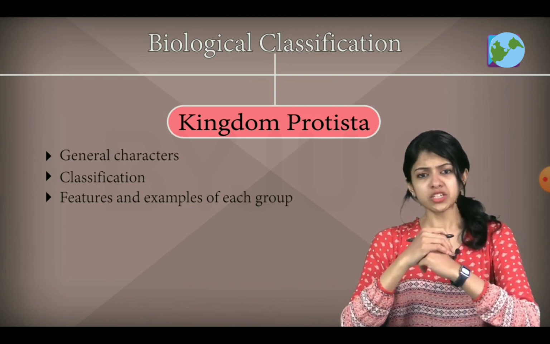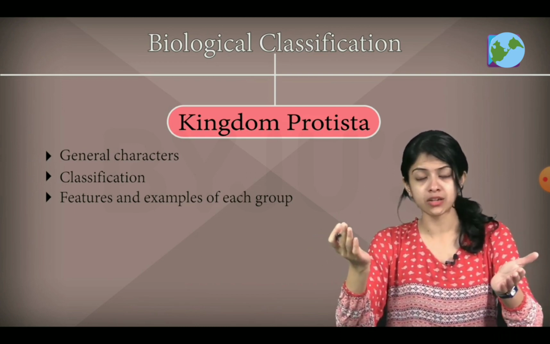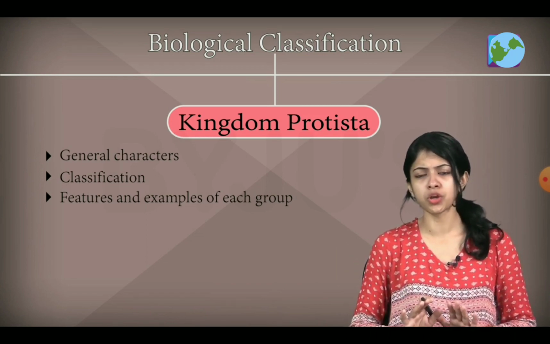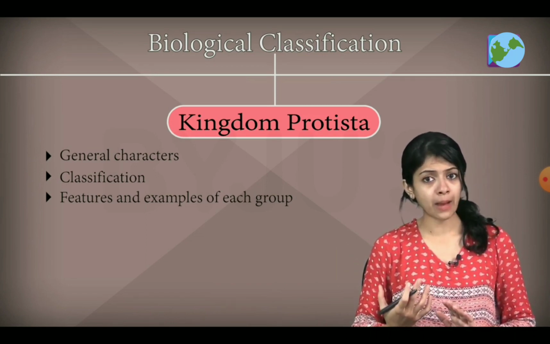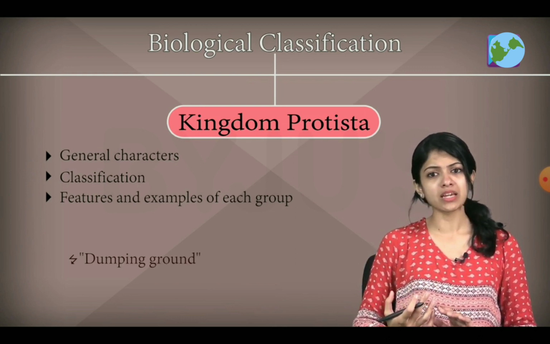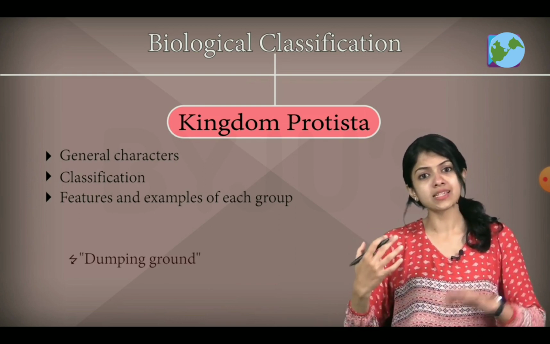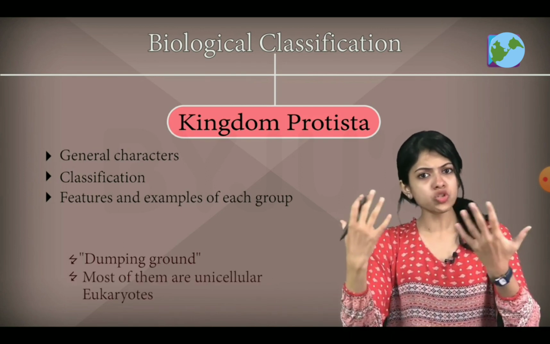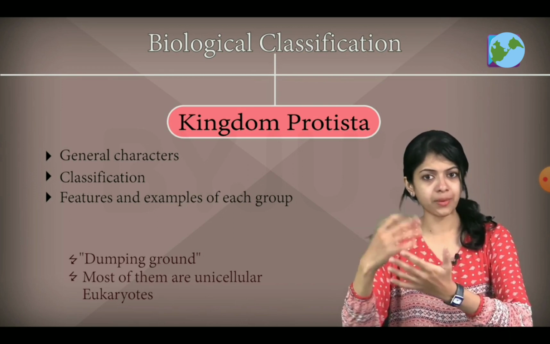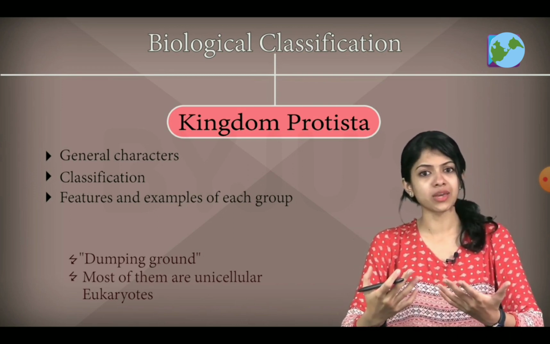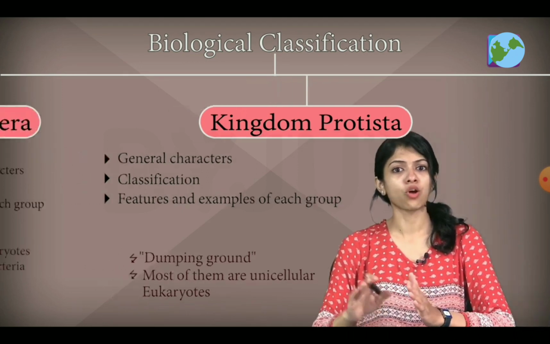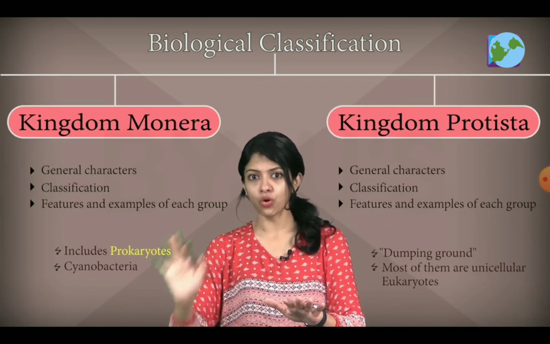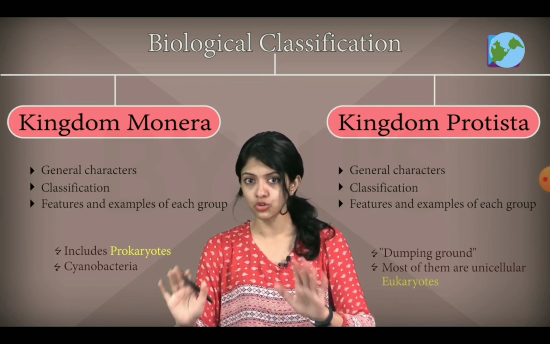However, when questions are asked across groups in this chapter, those related to protists could end up being very confusing because, true to its nickname, the dumping ground, it's a kingdom that includes animal-like, plant-like, and fungus-like organisms. Moreover, most protists are unicellular, because of which you naturally tend to get confused about whether an organism belongs to Monera or Protista. Remember, Monerans are prokaryotes while protists are eukaryotes.